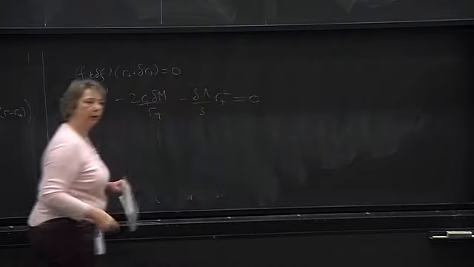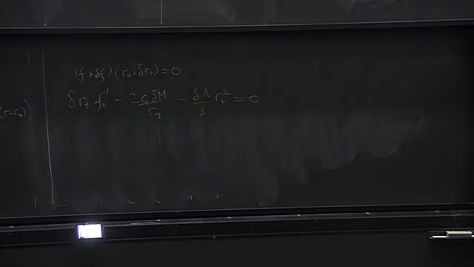So if I vary all the parameters in my solution, first of all, I've got to vary r plus, because if I throw something into the black hole, r plus changes. If I throw something in, M changes. And I'm going to think about lambda changing as well.